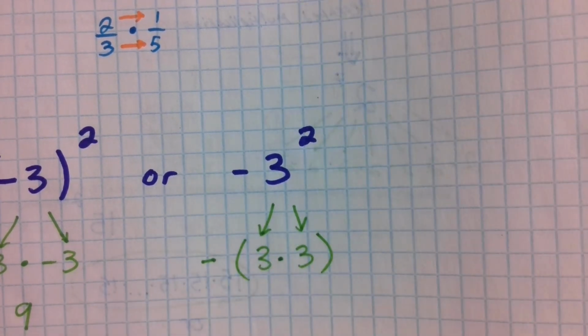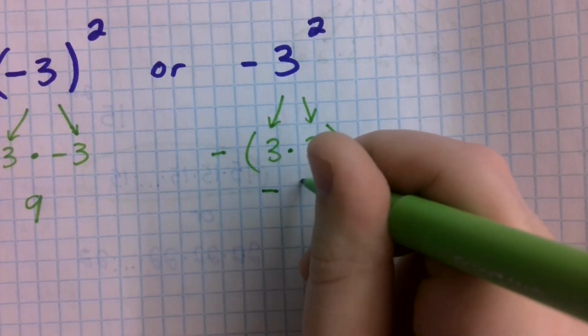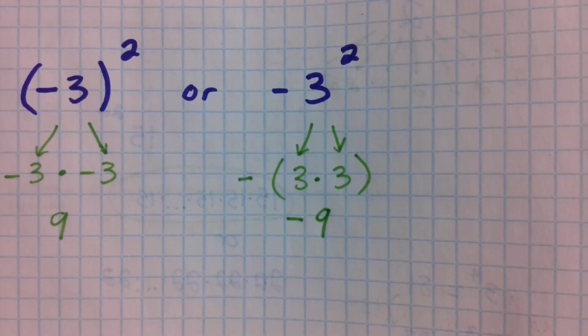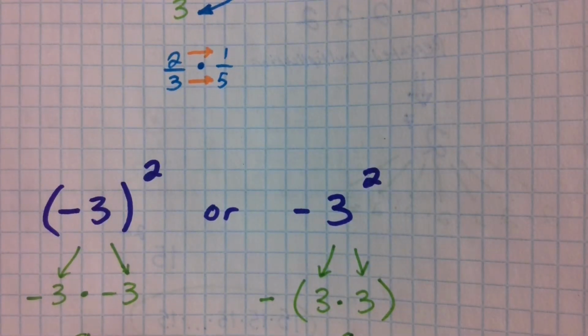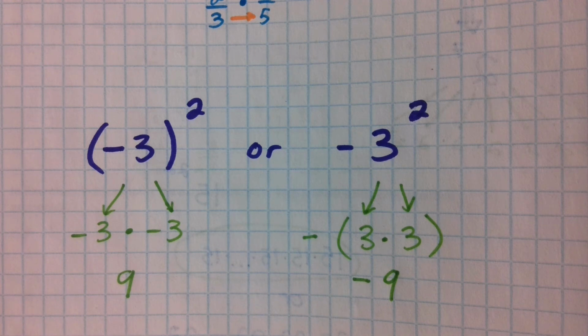This, in other words, becomes negative 3 times 3. Well, 3 times 3 is 9, so this is negative 9. There is a big difference between these two. You have to be careful and ask yourself, is our negative sign also being taken to that exponent? If it isn't, don't mess with it. If it is, you have to take it to that power.